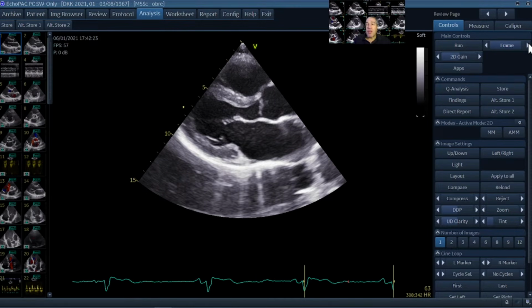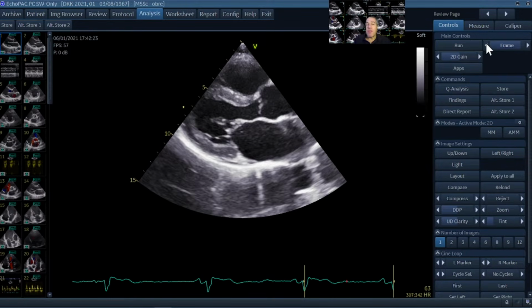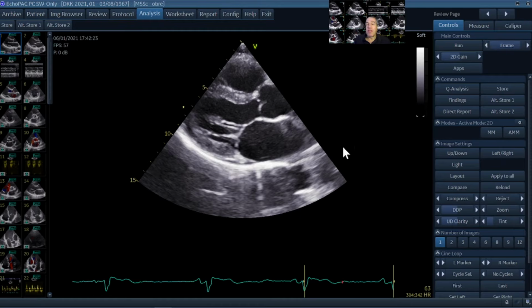So a good definition of end systole is the frame before the mitral valve starts to open. And this is just briefly after the aortic valve starts to close. So the last frame before the mitral valve opens is end systole.